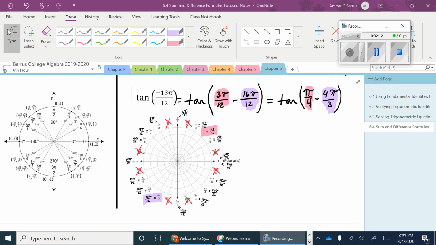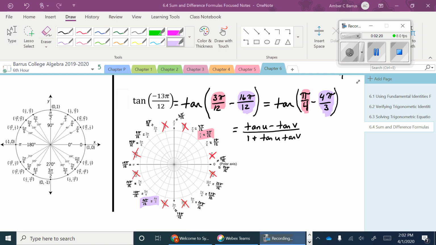So here we can see that we're going to want to use the difference formula of tangent for this equation. So our difference formula is the tangent of u minus the tangent of v, all divided by 1 plus the tangent of u times the tangent of v.